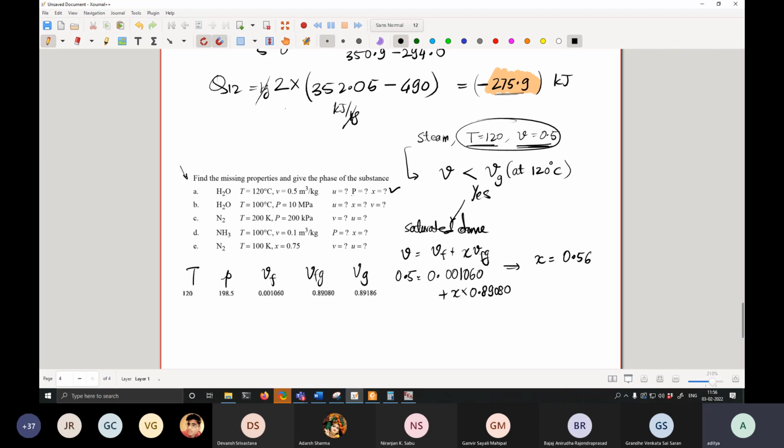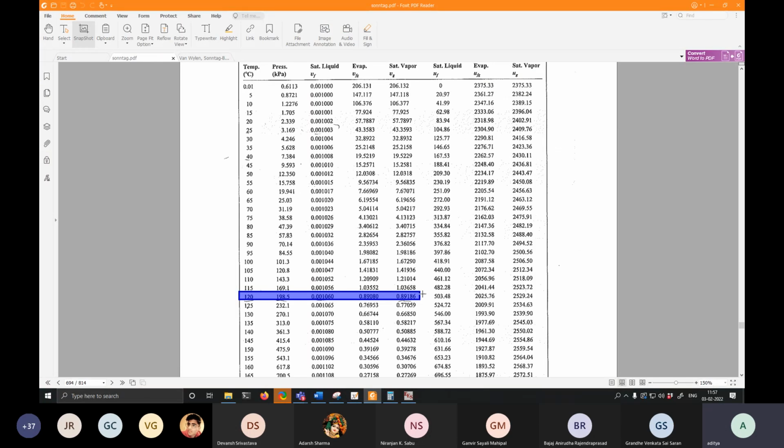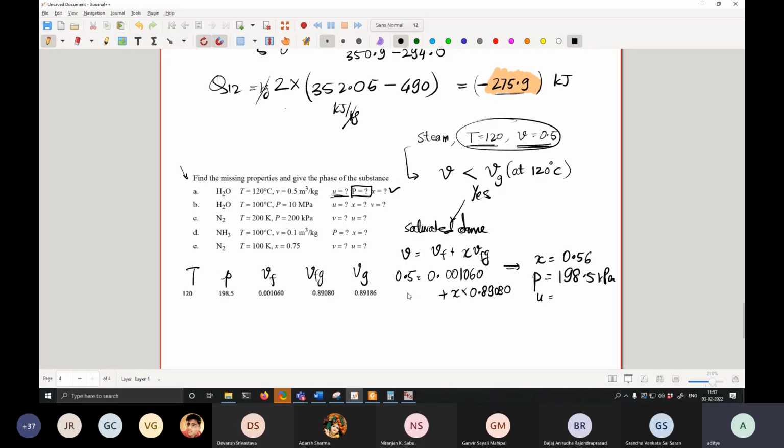Now what about the pressure? Pressure is directly given: 198.5. Very good, 198.5 kilopascal. And what about the internal energy? We have to go back to the table. We will copy this. So this is Uf, Ufg, Ug.